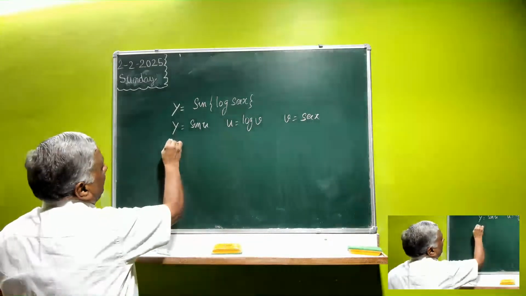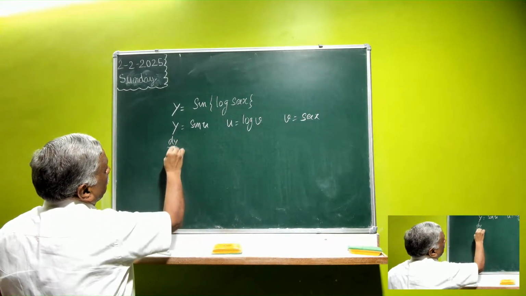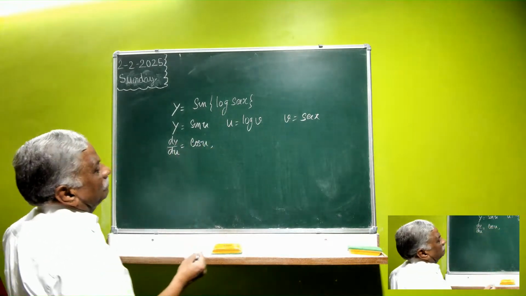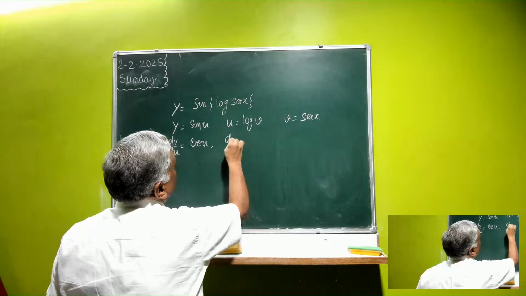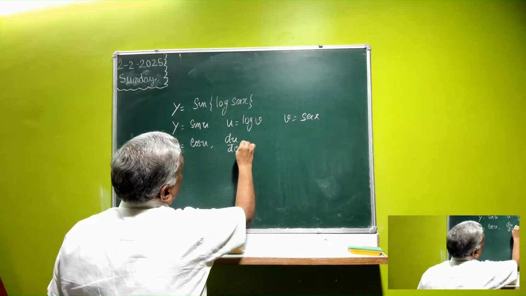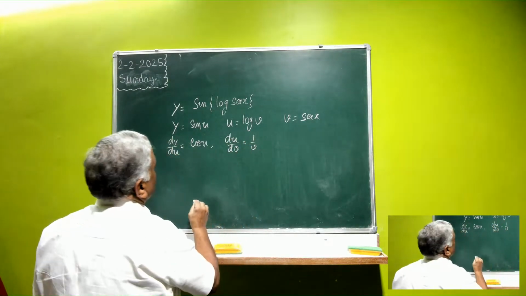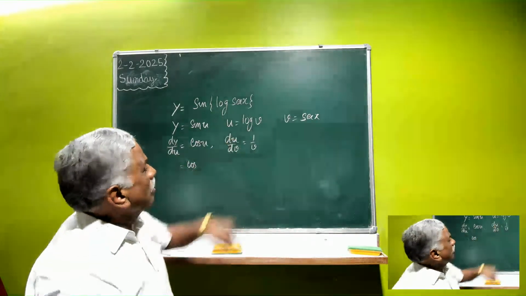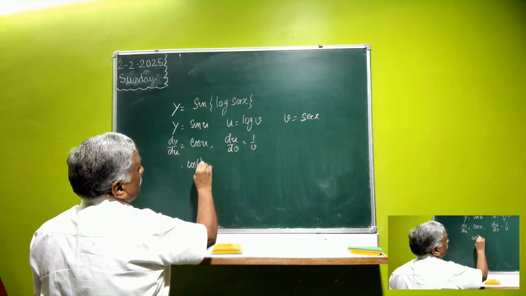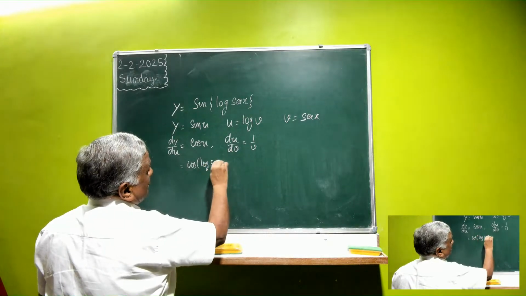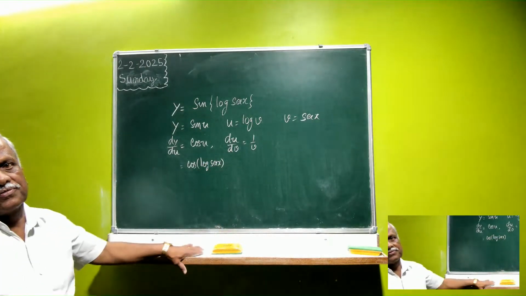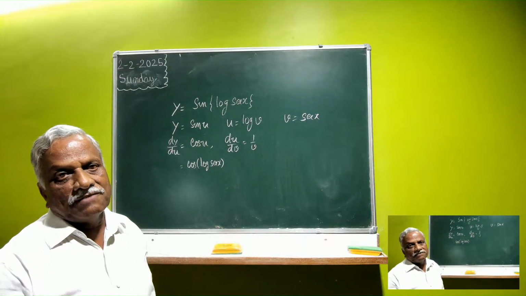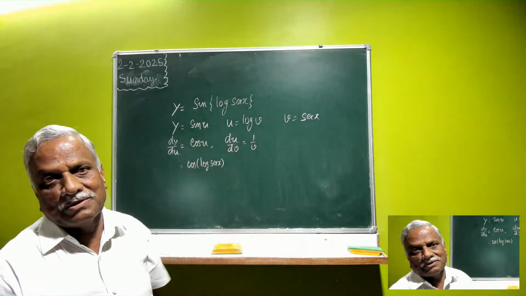So first we find dy by du, which is cos u. Then we find du by dv, which is 1 over v. What is cos u? u is log v, so that is cos log secant x. I told you yesterday, once you complete differentiation, whatever we have used, you have used u only, replace the values of that.